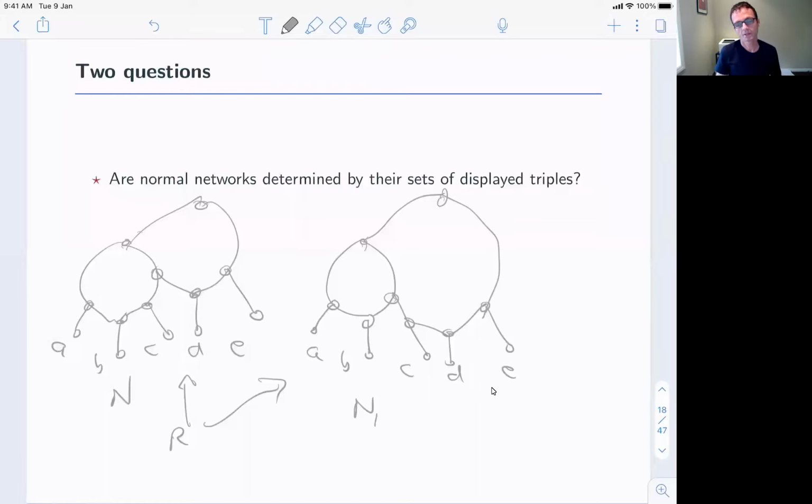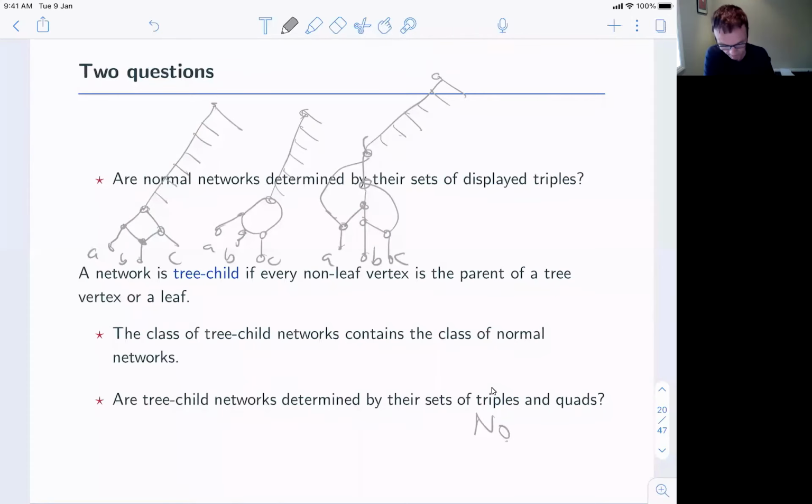All the trees displayed by those three, the trees with the same label set as those three, have the same set of trees, and there are three different networks for them. So that's certainly not true. All right. So in some sense, normal is at the sharp end of this result for quads and triples. Don't know. Maybe that's not so precise.